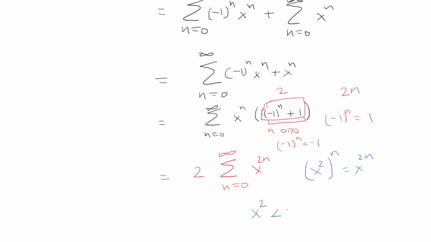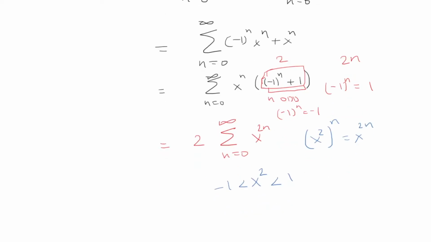And you want to make sure that x squared is between 1 and negative 1. So in other words, x would have to be between 1 and negative 1. Now we always need to check the endpoints. But this is a geometric series, and we know that we do not include the endpoints. So this would be the interval of convergence.